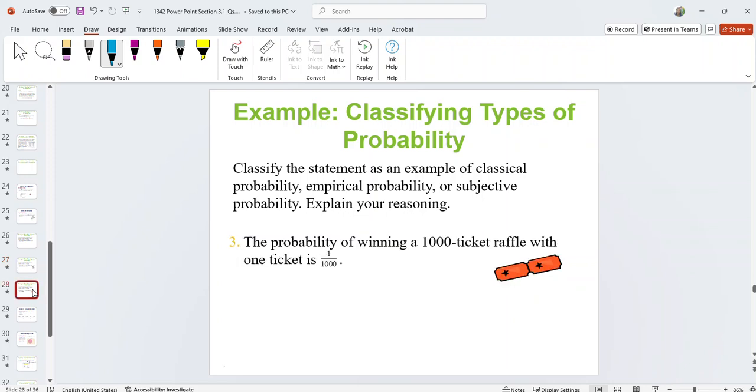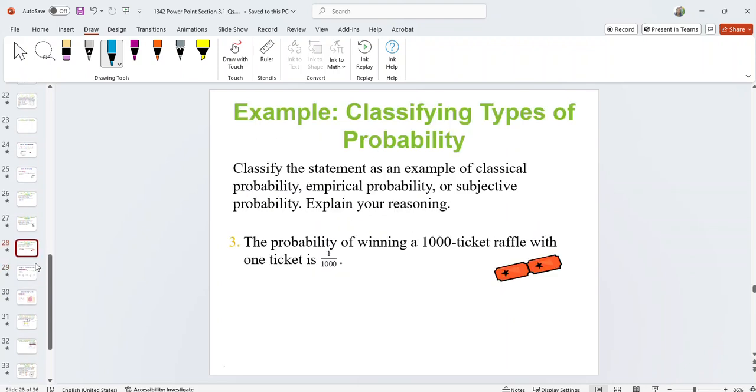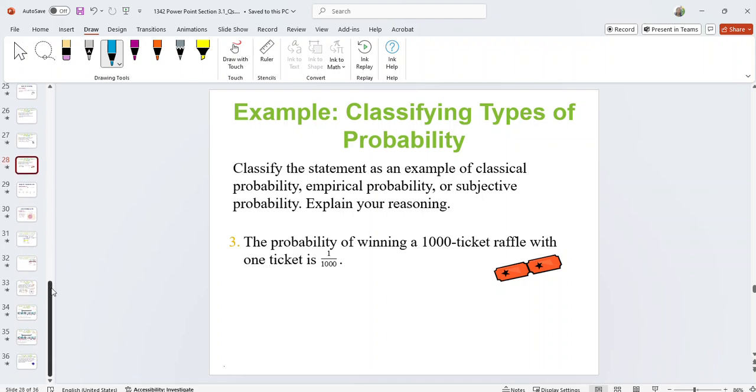Okay, how about the draw for a ticket? The probability of winning a 1,000 ticket draw is 1 over what? 1 over 1,000. All right, so this one is pretty clear because it looks like you have 1,000 tickets, right?